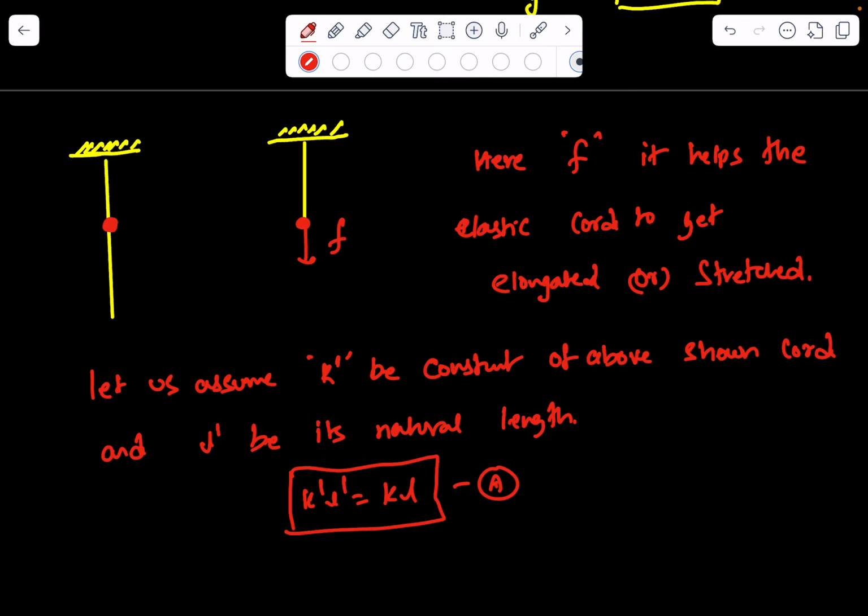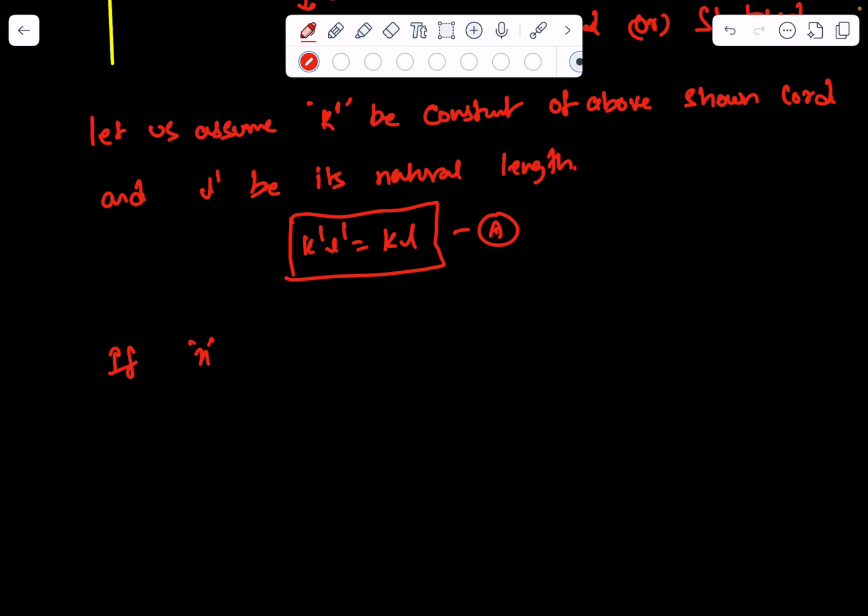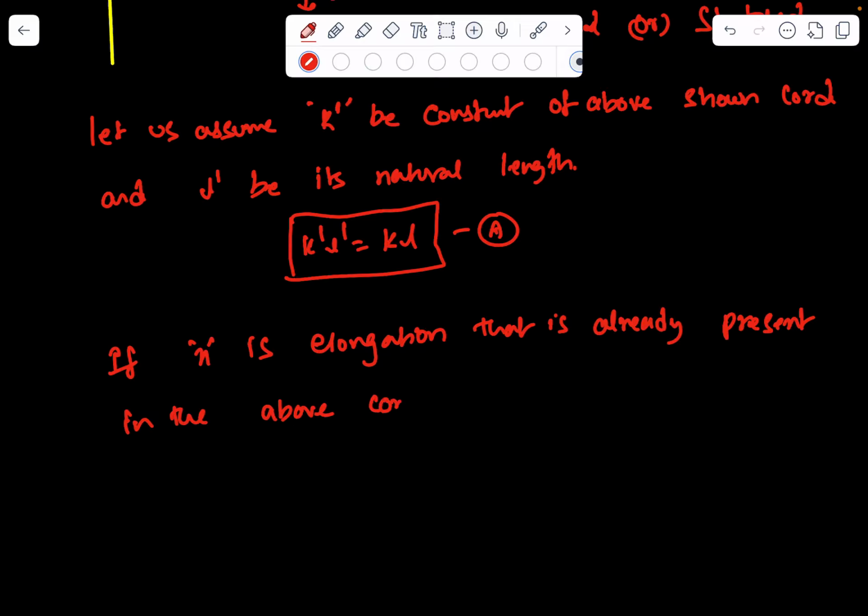We can also say, if X is the elongation that is already present in the above cord at the above instant, then K dash X is the equivalent force that is applied by the cord on that part of the bead when it's trying to stretch it.